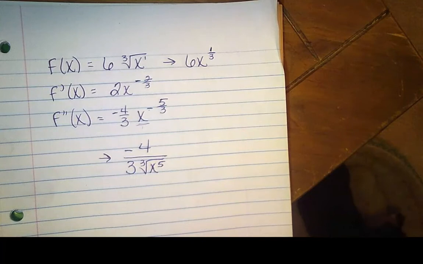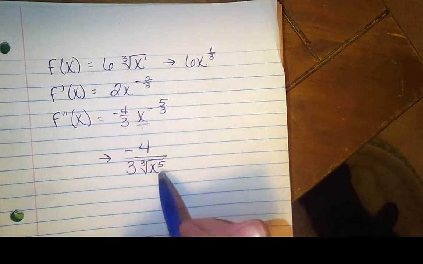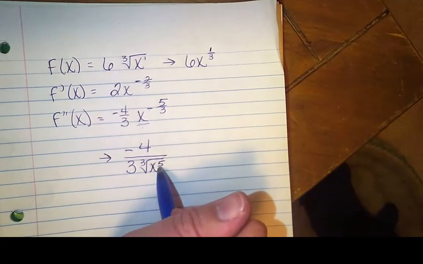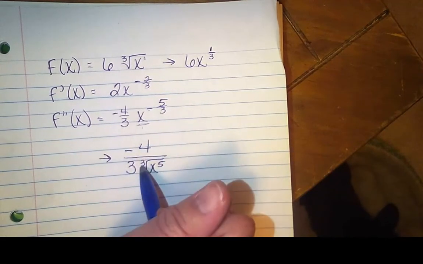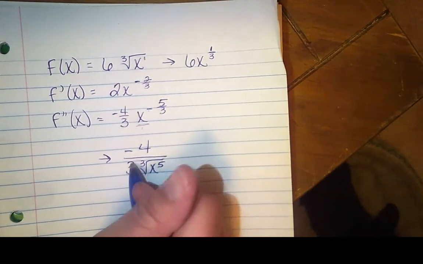Now, you should notice something. You have a variable in your denominator. If that variable, x, turns into a 0, then this entire denominator goes to 0 and your function is undefined. Okay, I still don't care that I've got a root going on.